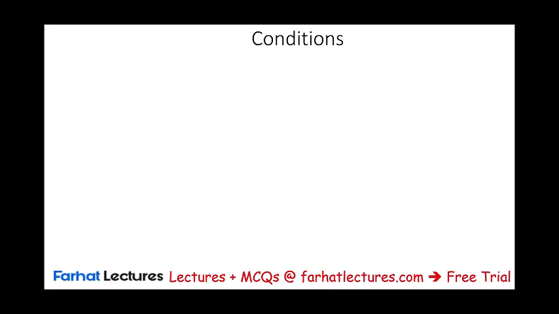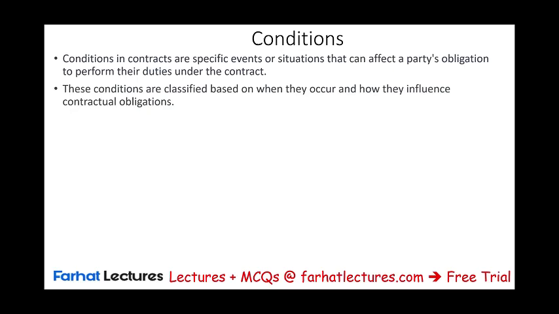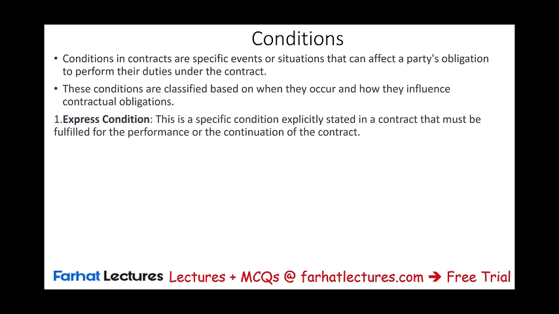Conditions. What are conditions? Conditions in a contract are specific events or situations that can affect the party's obligation to perform their duties. Conditions can be based on when they occur or how they influence the contractual obligation. We could have what's called an express condition. This is a specific condition, explicitly stated, it's express, that must be fulfilled for the performance or the continuation of the contract.